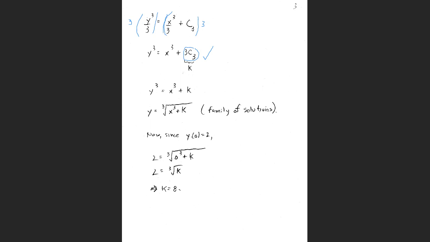So now I have y cubed equals x cubed plus k, and I will solve for that constant k using the initial value. But right now, let me take the cube root of both sides of this equation, and y will equal the cube root of x cubed plus k.